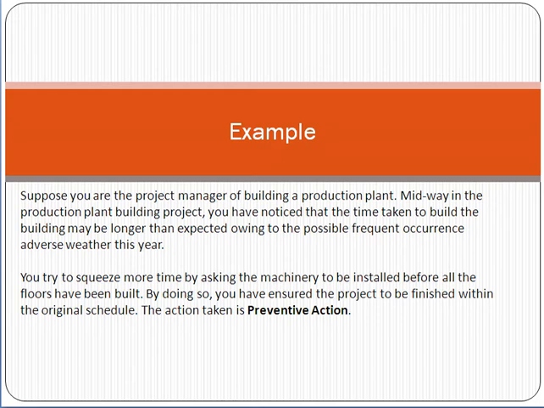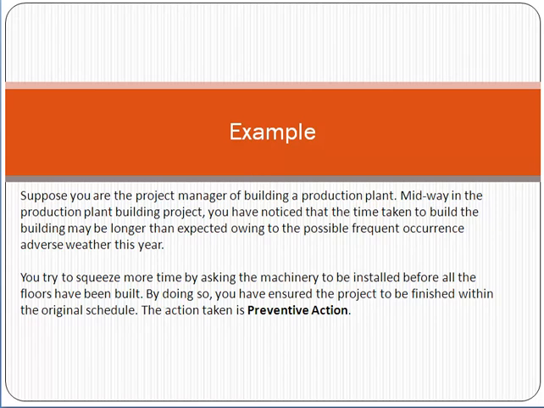Another example you can take, for example, suppose you are the project manager of building a production plant. Midway in the project, you notice that the time taken to build the building may be longer than expected. So you try to squeeze more time by asking for the machinery to be installed before all the floors have been built. By doing so, you have ensured that the project is finished within the original schedule.